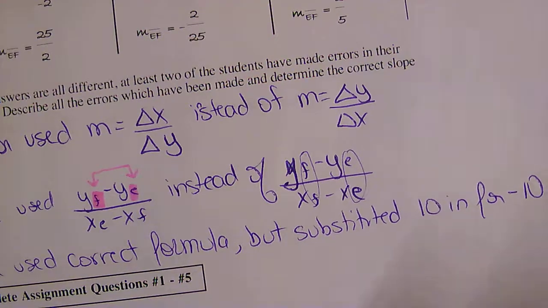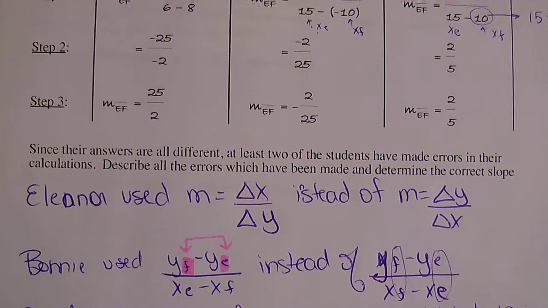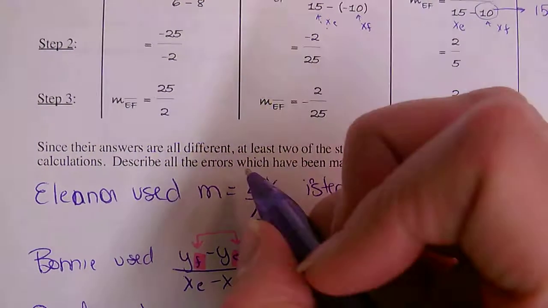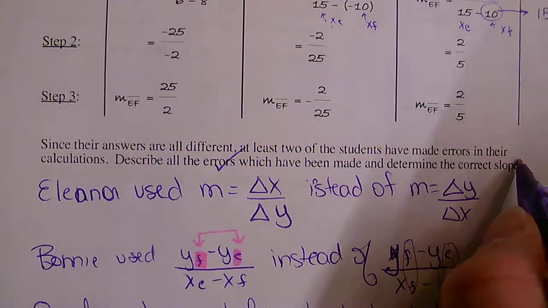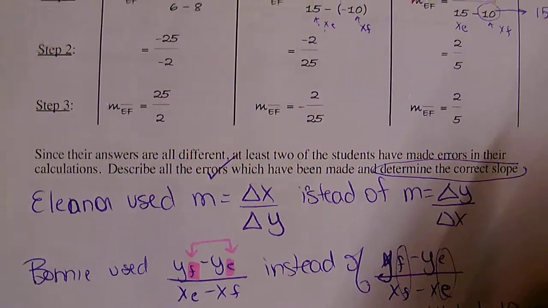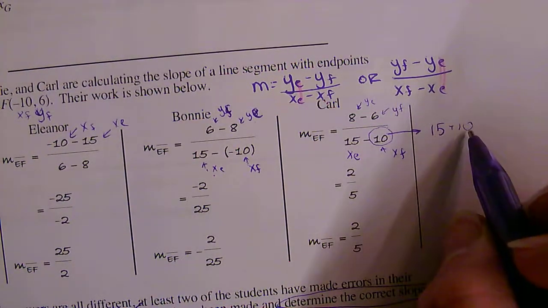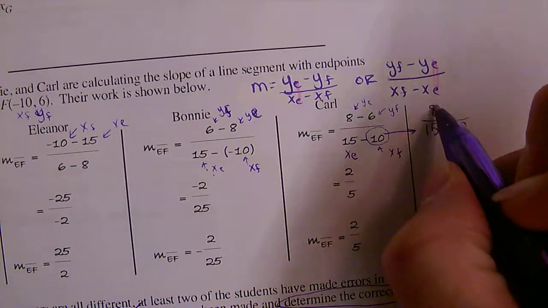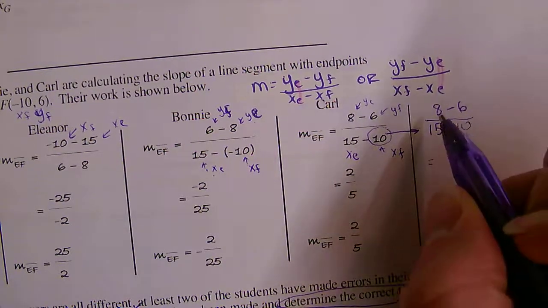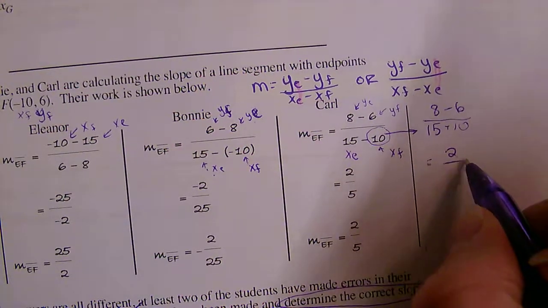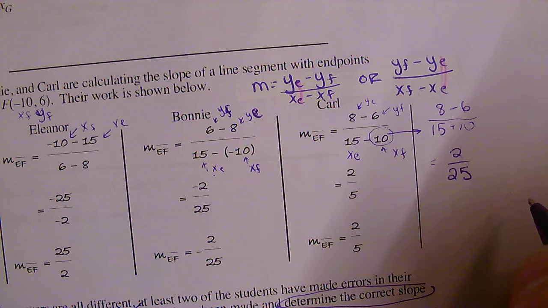Then we are supposed to describe all the errors, so we did that, and determine the correct slope. Well, let's just work from his. We know that this is supposed to be 15 plus 10. The 8 minus 6 was okay, so 8 minus 6 is still 2, but this should be 25.